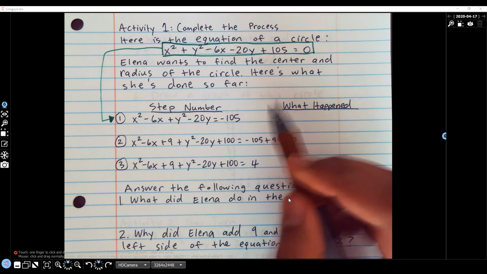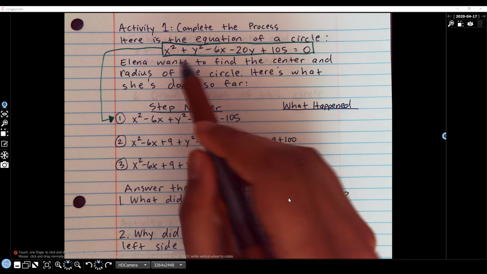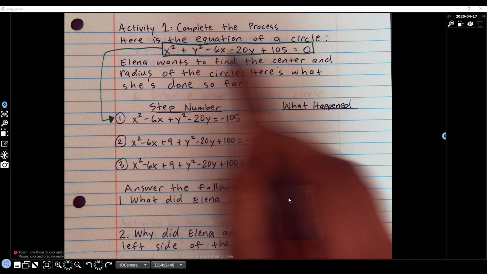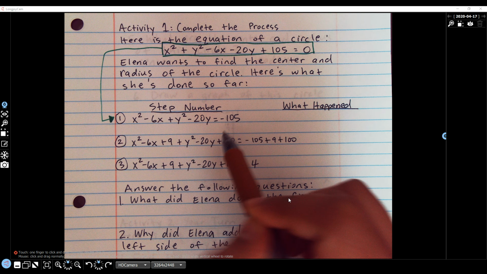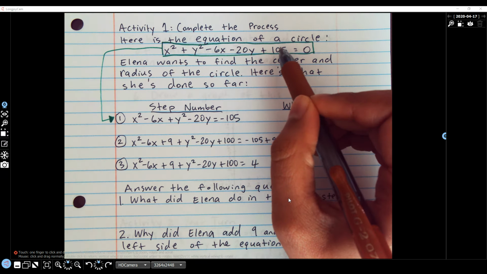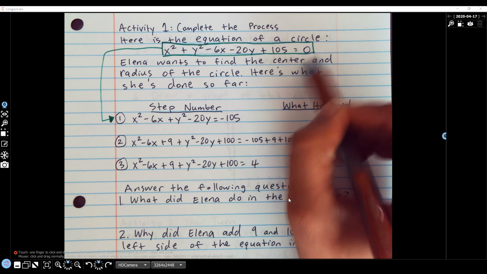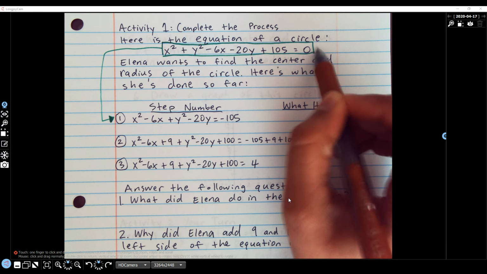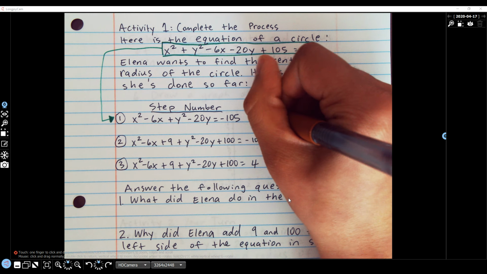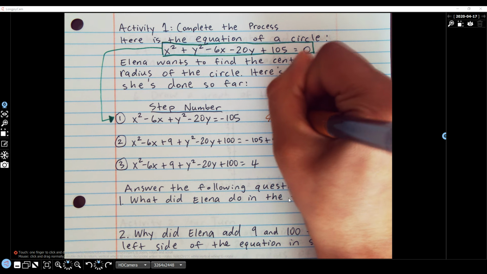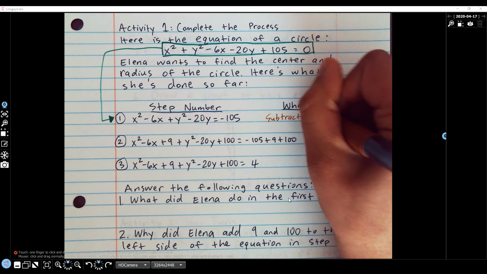So let's look at the first step. I've drawn an arrow from our initial equation to step number 1. First off, I'm noticing that the 105 was moved to the right side of the equation. It's become a negative. So the first thing I notice is she subtracted 105.